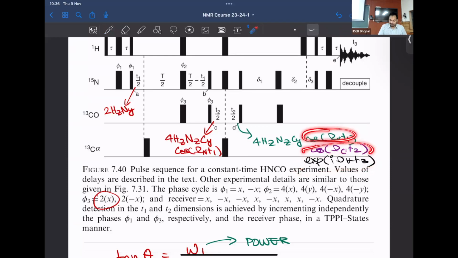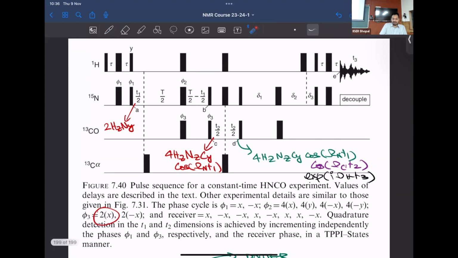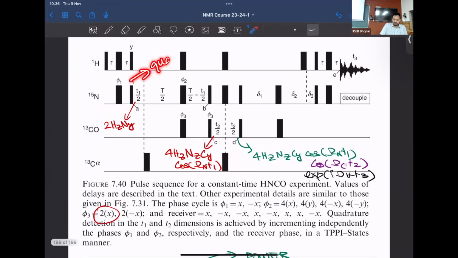Well, for the indirect dimension, you have to get quadrature from separate sampling of the cos and the sine part. So this pulse phi1 will be cycled for quadrature. Similarly, this phi3 pulse will also be cycled for quadrature. So you need 2 scans for this, 2 scans for this. You need a total of 4 scans to make sure in T1 and T2 you can get proper frequency labeling for nitrogen and carbon.